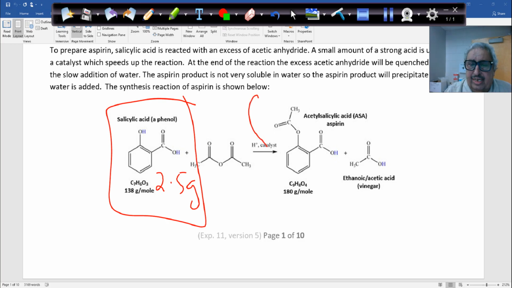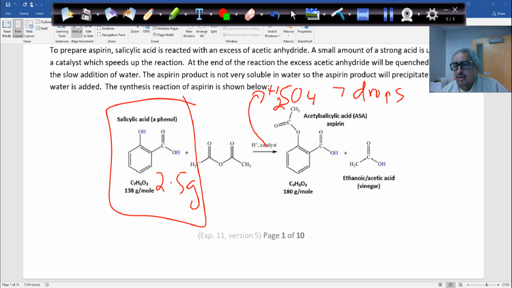The sulfuric acid, that's the catalyst, 7 drops. And this one here, we say 10 to 14 mils. That's excess. We will destroy it later on.